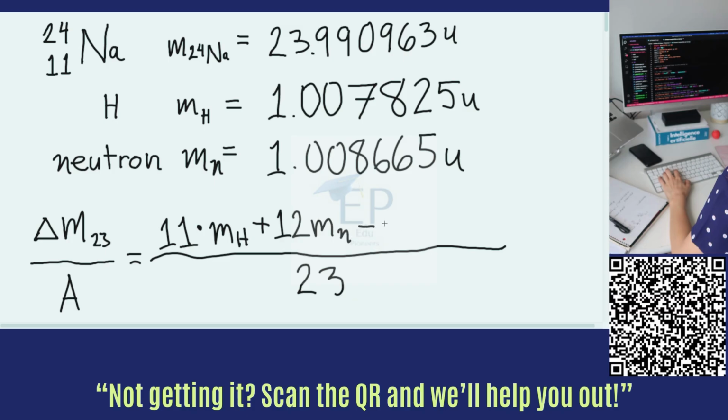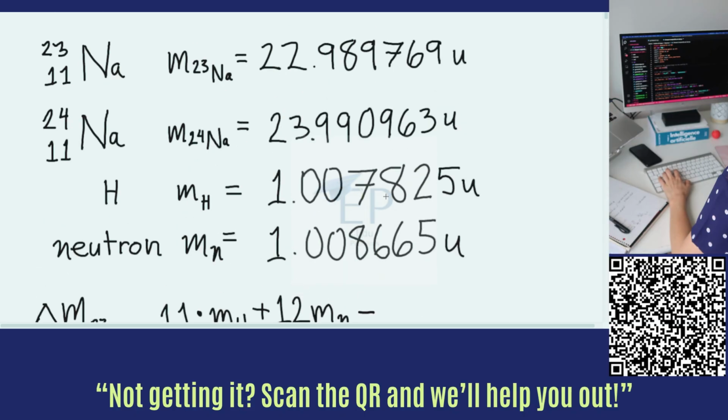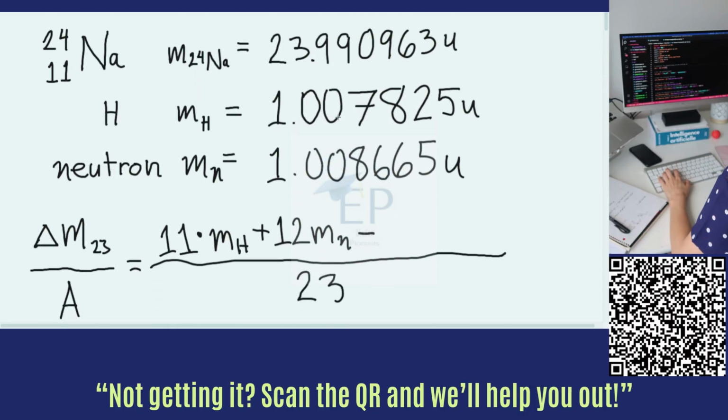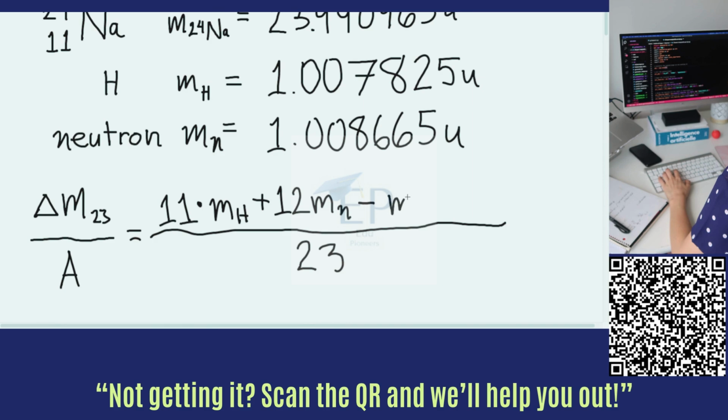And we're going to subtract that by the mass of the assembled isotope here, that's M23 Na. And then this whole quantity, in order to get it in units of megaelectron volts, we need to multiply it by 931.5 MeV per u.